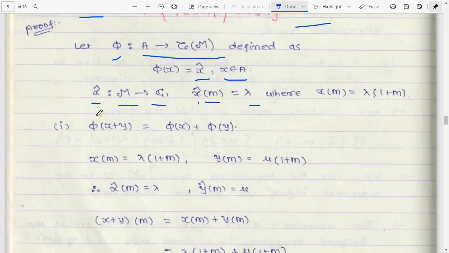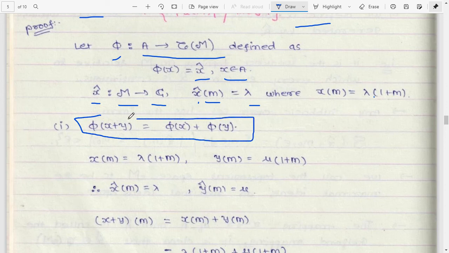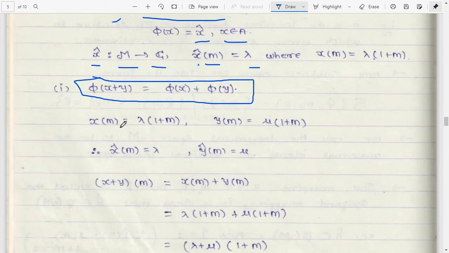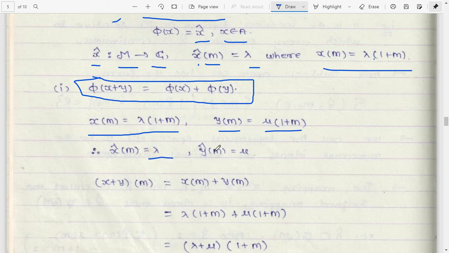First, we prove phi of X plus Y is equal to phi of X plus phi of Y. Here X of M is equal to lambda into 1 plus M, and Y of M is equal to mu into 1 plus M. X cap of M is equal to lambda and Y cap of M is equal to mu.